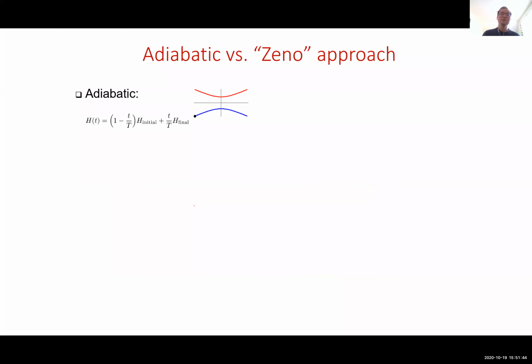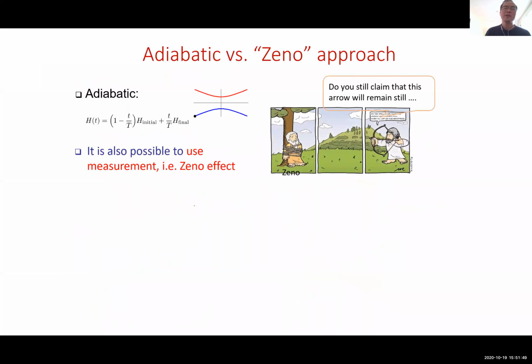Okay. So I want to mention that I use adiabatic, but it's also possible to use measurement. This is what is usually called the Zeno effect. Many of you should have heard of Zeno, right? He sort of claimed that for an arrow to go from the initial to the final, in order to do that, you need to pass half of it. And in order to pass half of the middle, you need to pass half of that. And that means there is an infinite sequence.